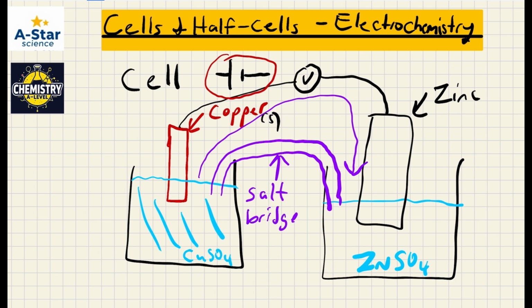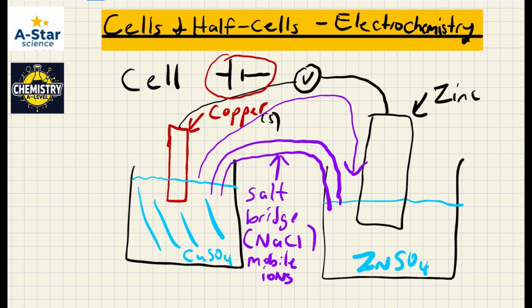So the salt bridge will consist of some sort of ionic solution, let's say sodium chloride, and that will allow the movement of mobile ions, not electrons. Mobile ions can move through the salt bridge from one half cell to the other half cell.